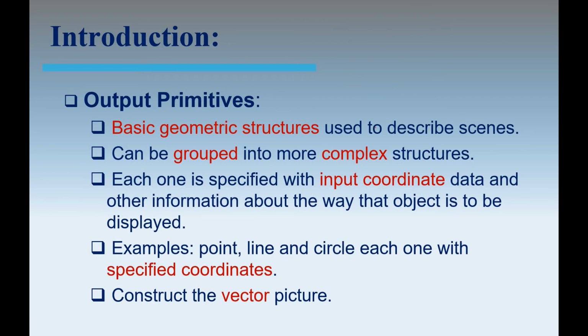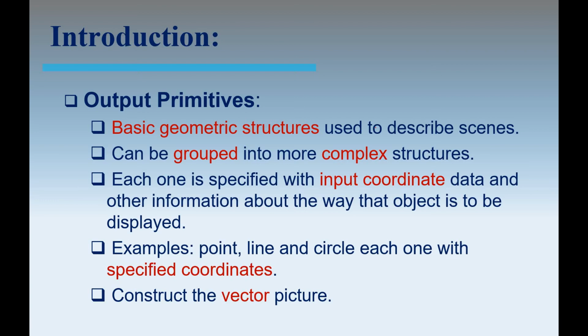Now let us see the output primitives of computer graphics. Basic geometric structures used to describe scenes can be grouped into more complex structures. Each one is specified with input coordinate data and other information about the way that object is to be displayed. Examples are point, line, circle, with each having specific coordinates.